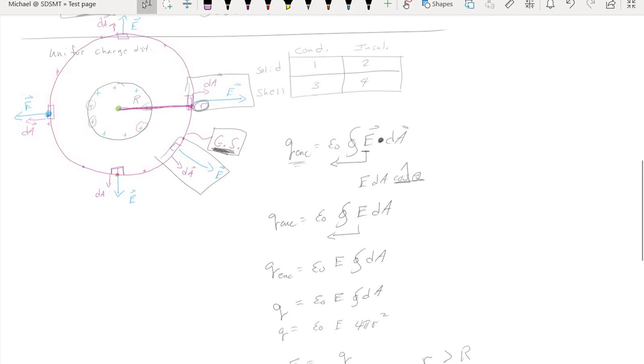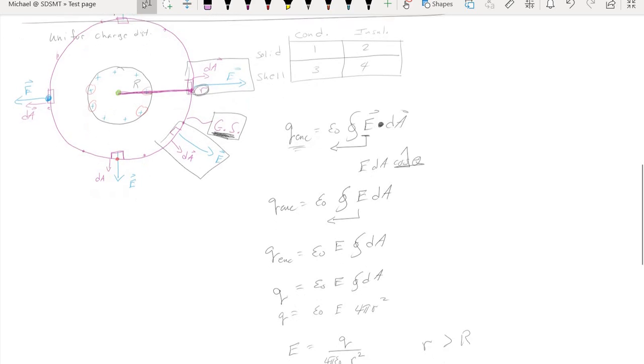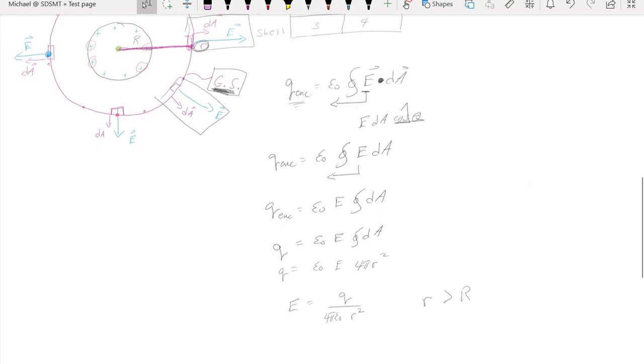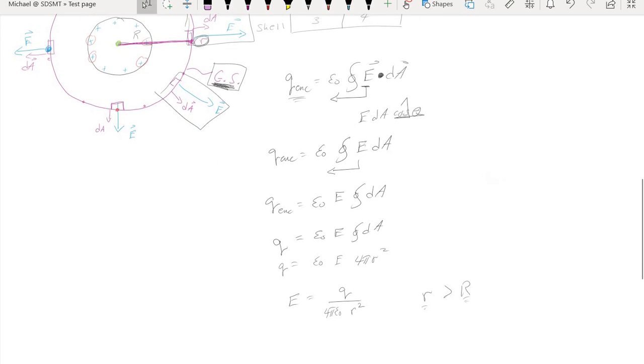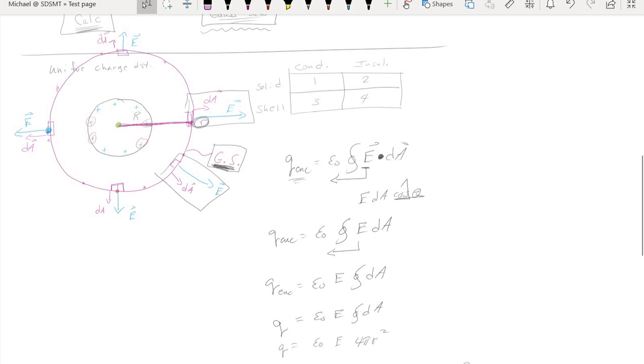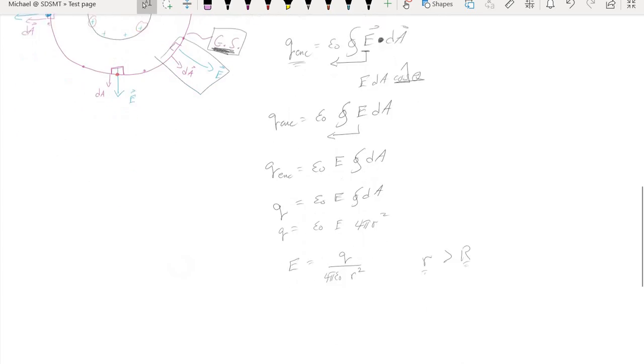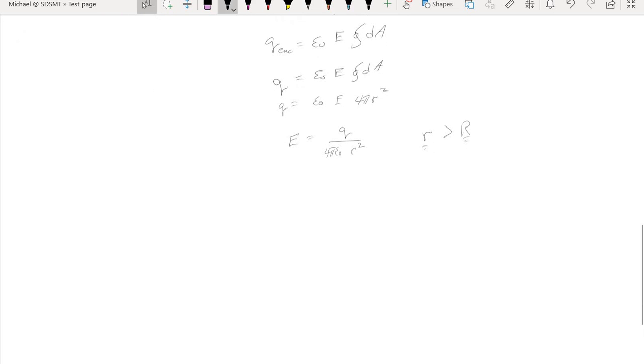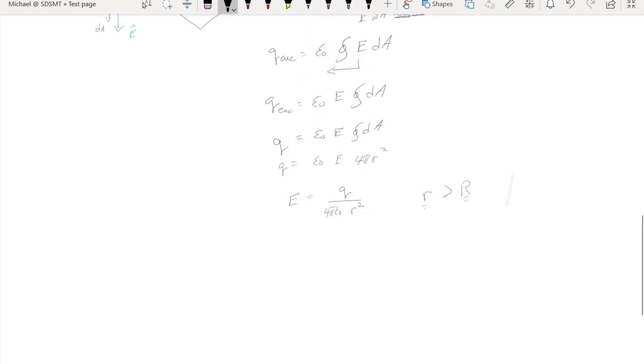kind of brings an interesting question. If little r has to be outside of the physical radius of our solid conductor, just how close can we get to that conducting sphere and still measure the electric field?